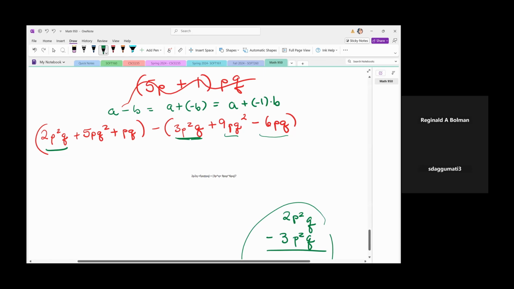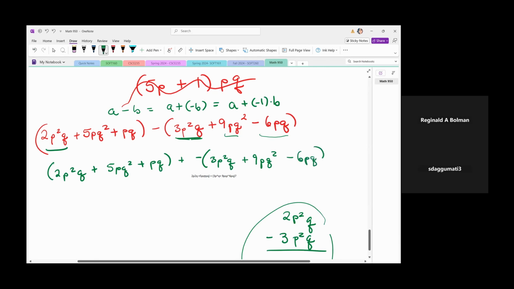We could say that this expression is the same as adding a negative 3p squared q plus 9pq squared minus 6pq.